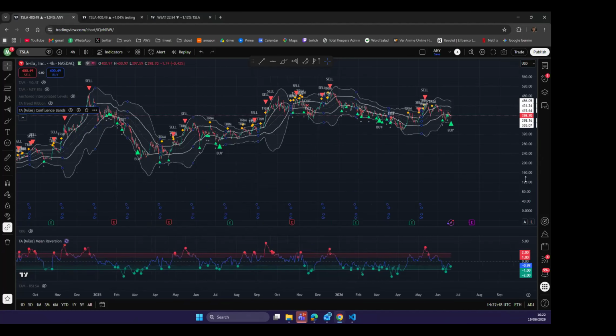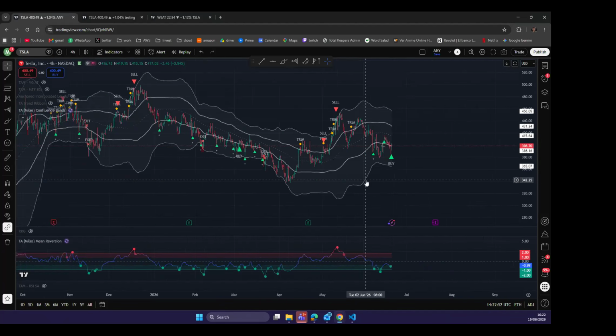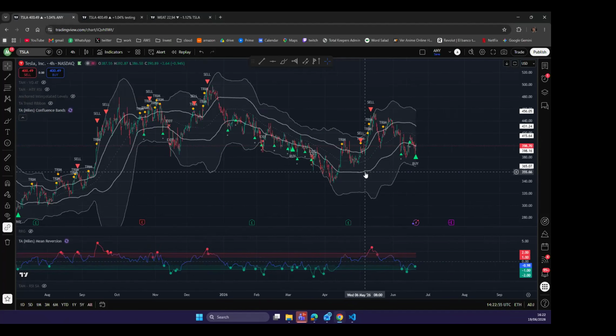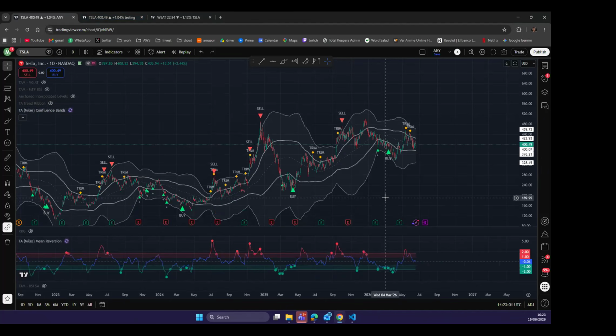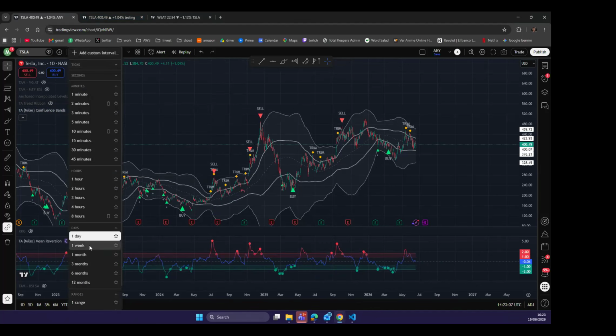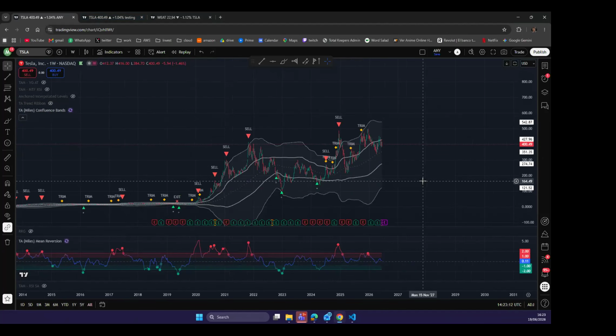Because the lower your time frame, then maybe the more noise aggressive is going to be. And the higher your time frame, less noise aggressive is going to be, right? So I am expecting less noise in aggressive on the daily than I am on the 4-hour, because there are less chances for kind of volatility to happen intraday. And the same if I go to weekly, I'm going to get a lot less signals because weeks are more stable.